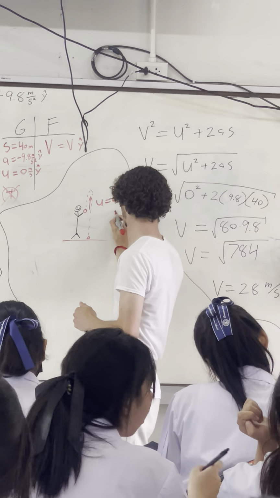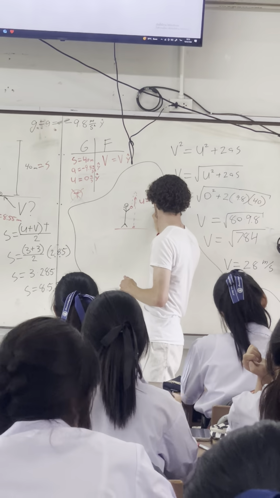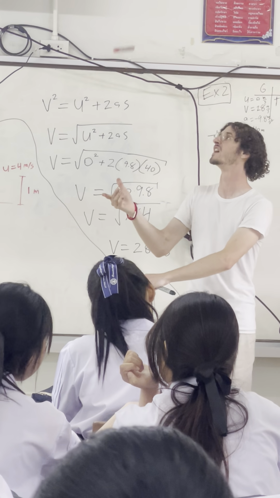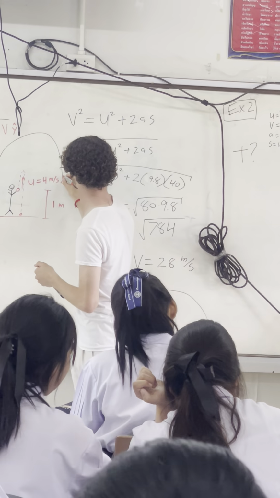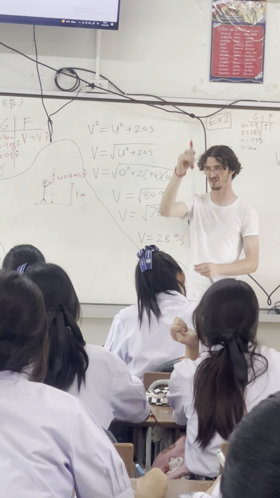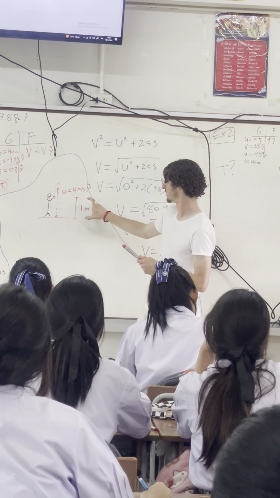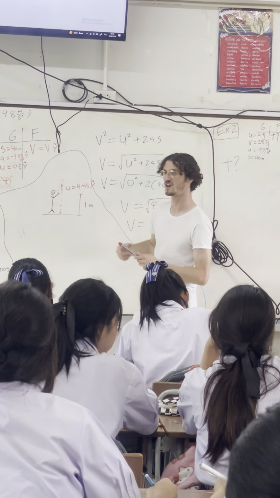And this distance is 1 meter. So, starting at 1 meter off the ground, and then giving 4 meters per second upwards, in the y direction, up and down. 1 meter off the ground initially, and it falls.